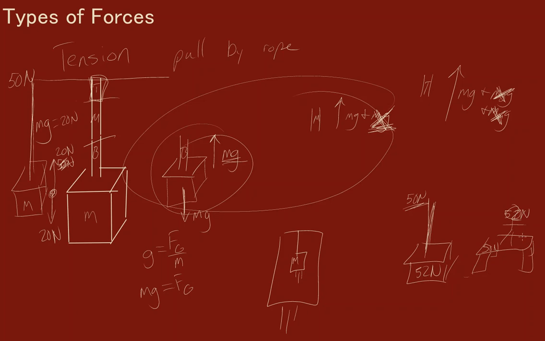So that's what we mean by resistive force. It's only going to provide as much as it needs to. So if you only weighed 20 newtons, the table would only push back on you with 20 newtons, assuming everybody was stationary. So that's tension and a little bit of normal force for you.